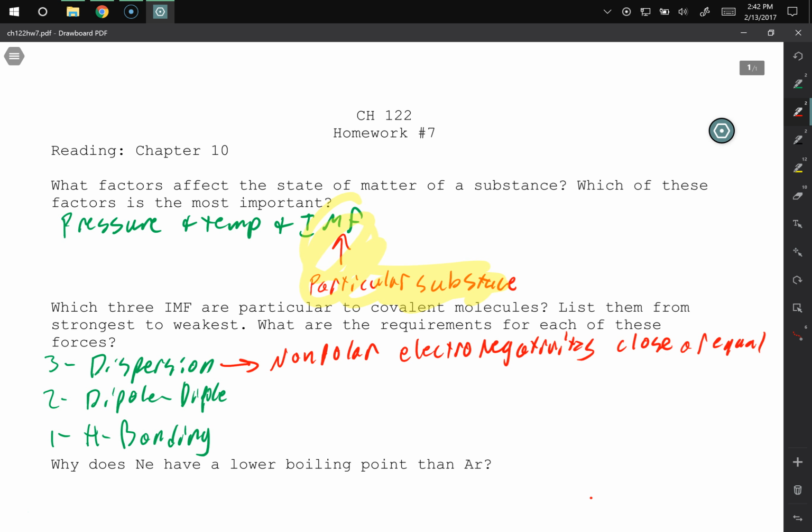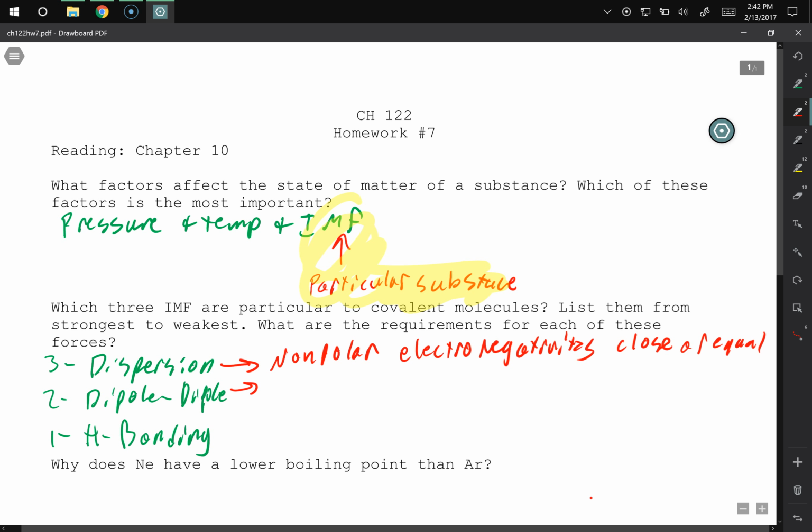How about the dipole-dipole? Polar. And means that it's electronegativity, it needs to be above 0.5. A minor difference in electronegativity.